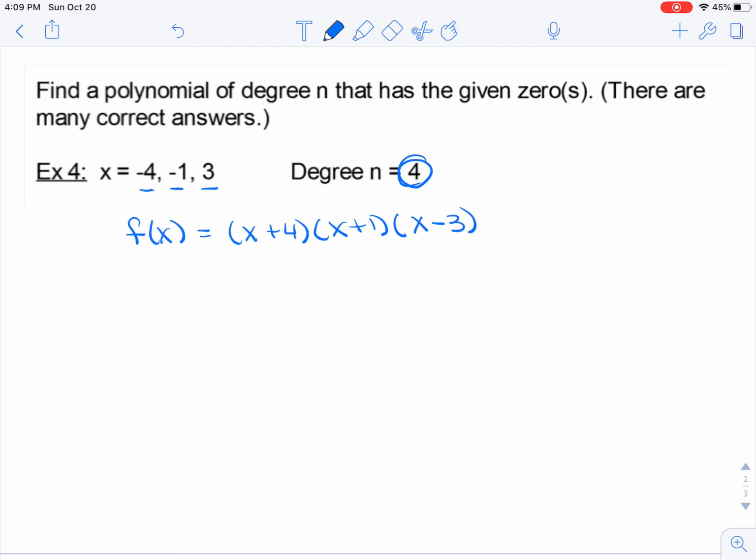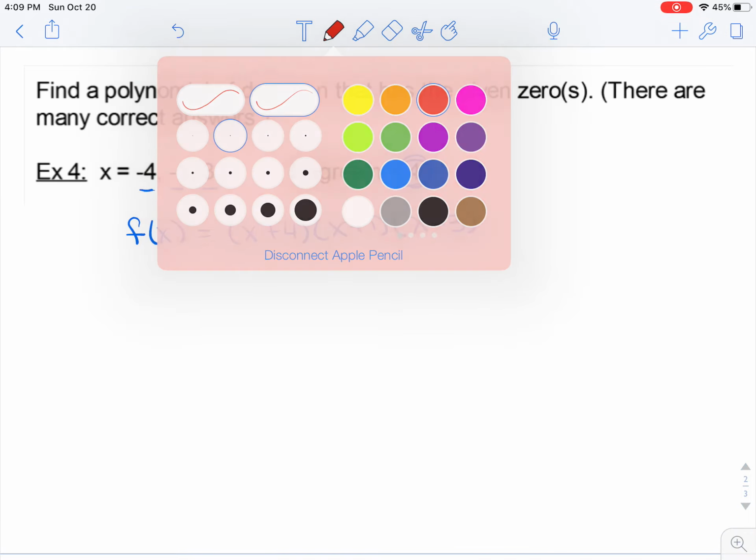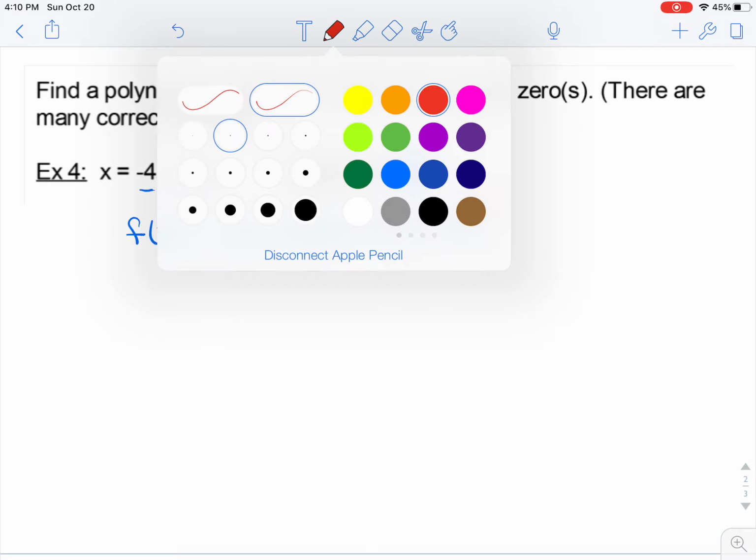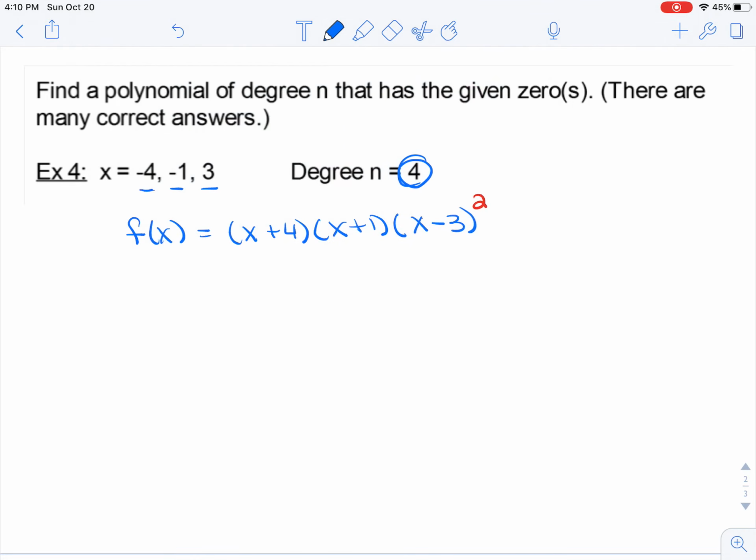Well, the way we could get around this, because right now if I multiplied all this together, unfortunately I just have x cubed. So the way we can do this is we can pick one of them and say, let's make it x squared. So we just kept the zeros the same, but just changed the multiplicity on the last one to be to the second power.